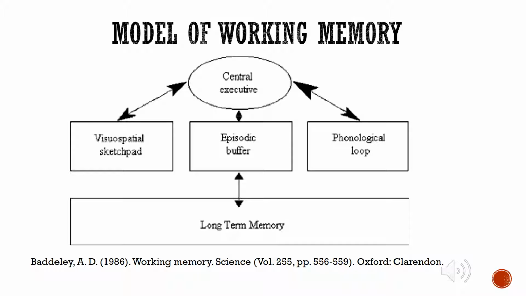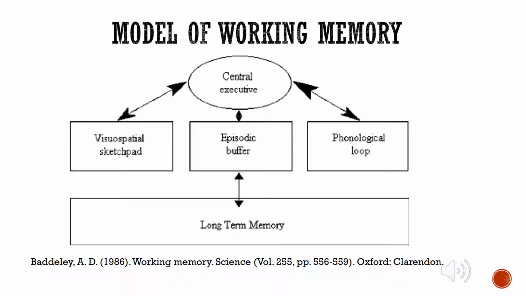So when we look at this working memory model, at the top we see central executive. There's not much known about this, but it is responsible for functions such as determining information and the organization of it. On the left, we have the visuospatial sketchpad, which deals with spatial and visual information. You never would have guessed that, right?